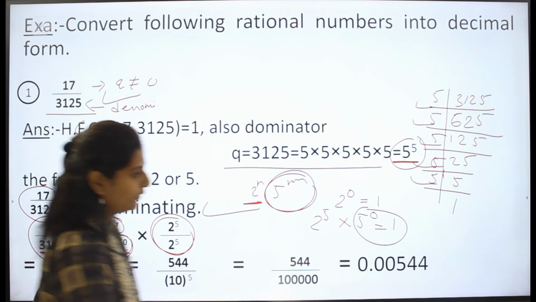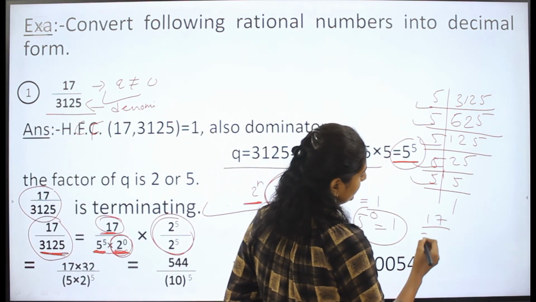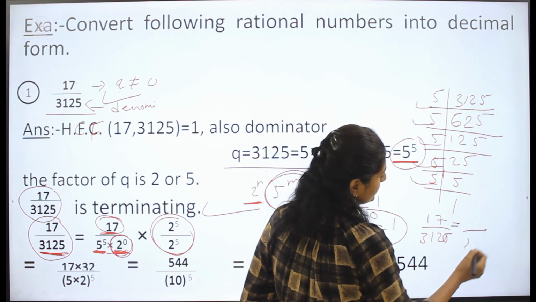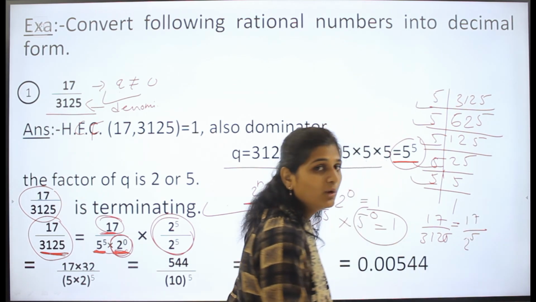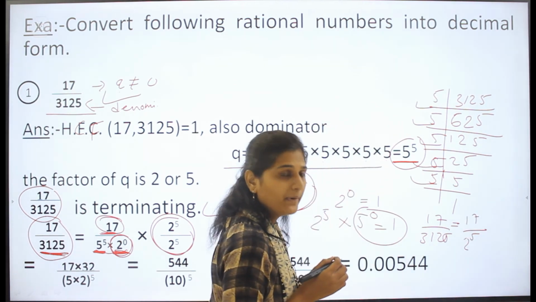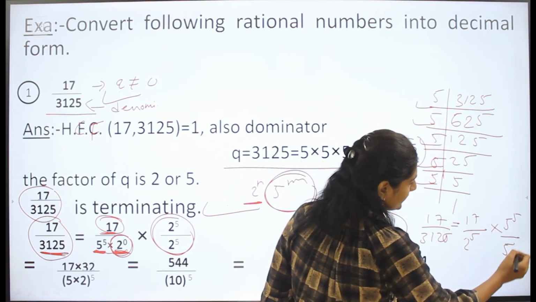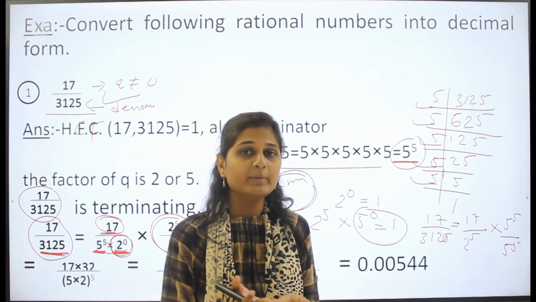For example, if I am getting 2 raised to 5 in the denominator, but I also want 5 with power 5, what you have to do is multiply and divide. Why are we multiplying and dividing? Because we have to make the balance.